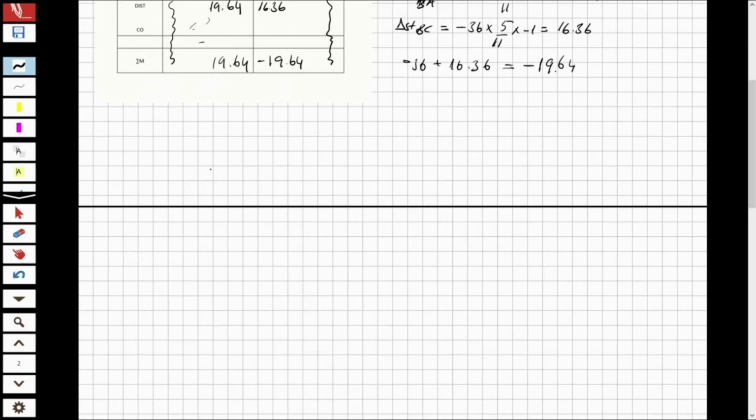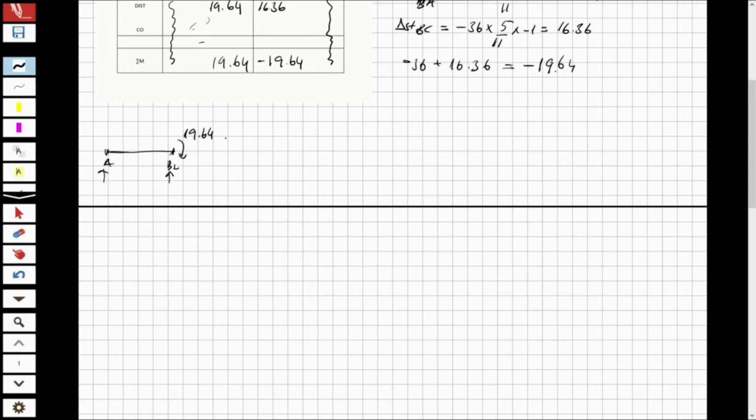So the first shear, actually I can make it here. For the shear, I have A, B, okay. This is going to be B left. And I have a moment in this direction, 19.64.